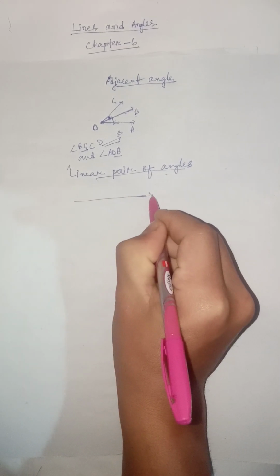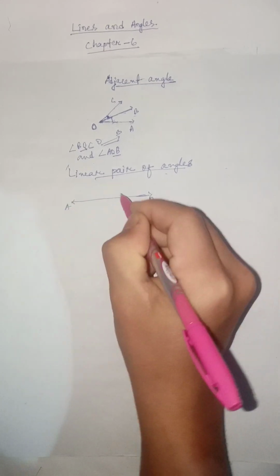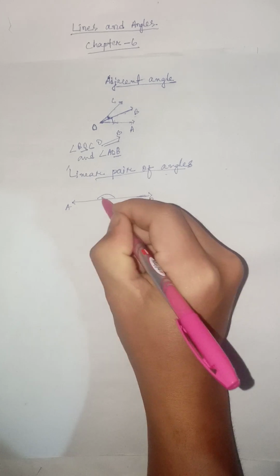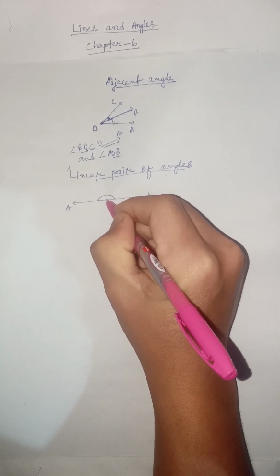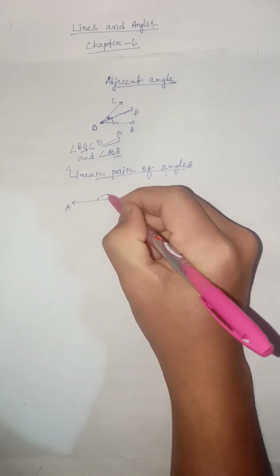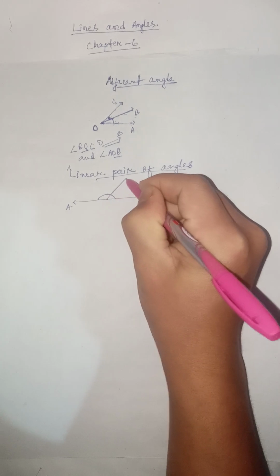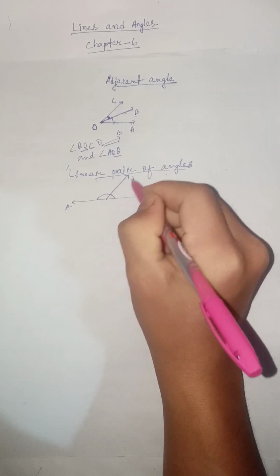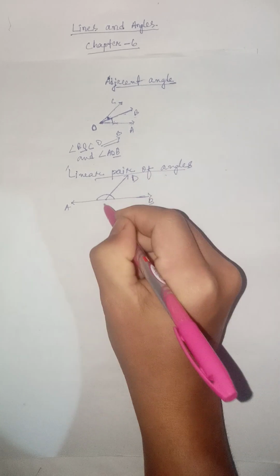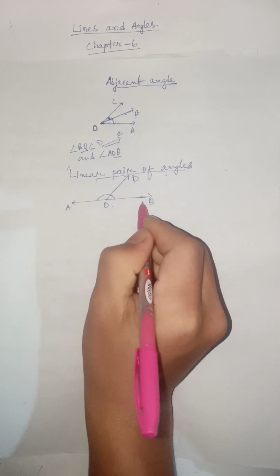Now let me draw a straight line, and first it would be A, B, and after that we have this one. Actually, the measure of the angle on a straight line is 180 degrees. After cutting this, let me name this one D and this one is O. Now angle AOB, what is that?